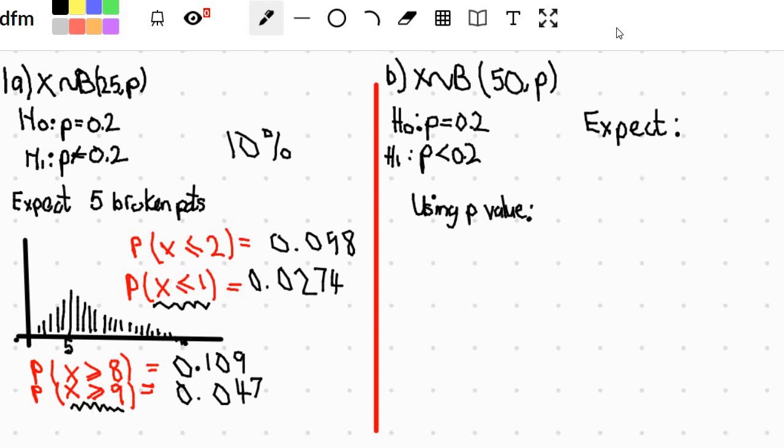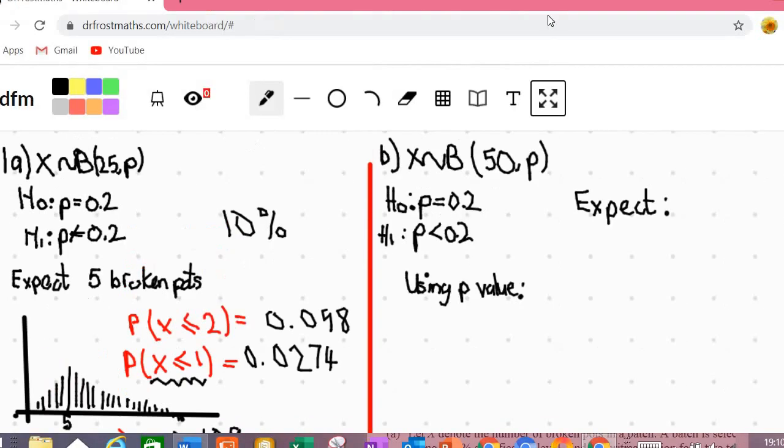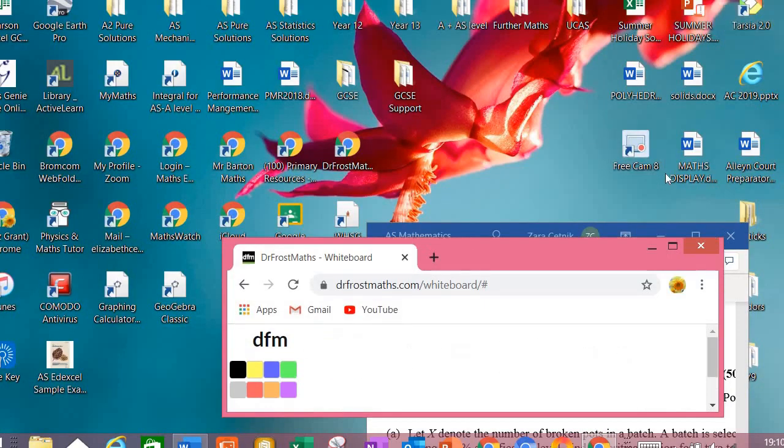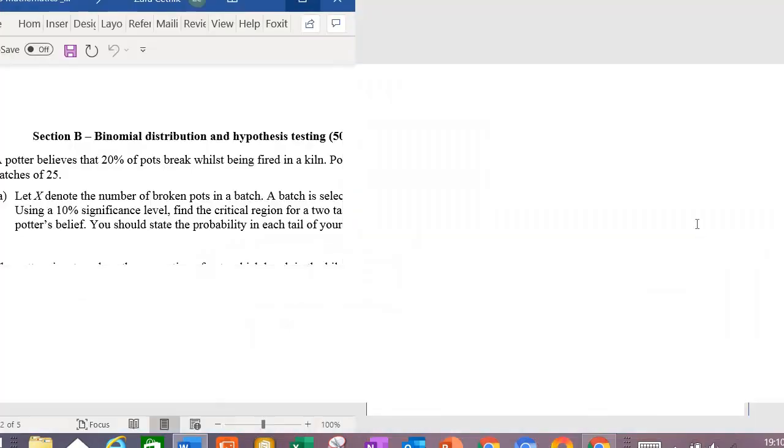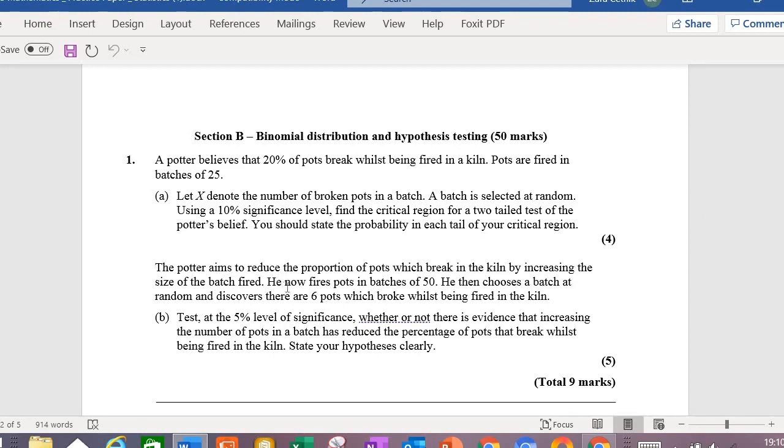Okay, let me just have a look at part B. Okay, so part B, the potter aims to reduce the proportion of pots which break in the kiln, and he's going to increase the size of the batch now to a size of 50.